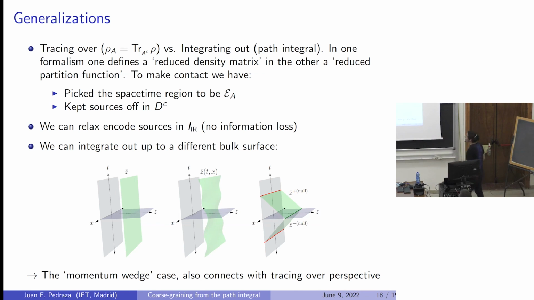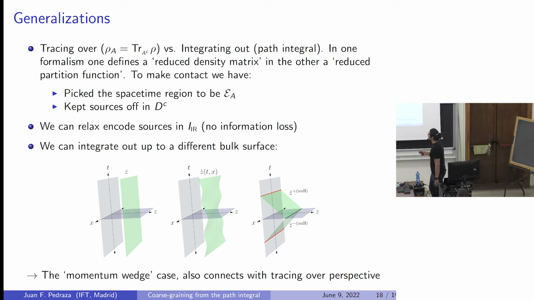From the integrating-out perspective, we can relax both. If we relax this, for example, if we allow sources to be kept on in the complementary region, then we arrive at a boundary term that is now a functional of these sources.